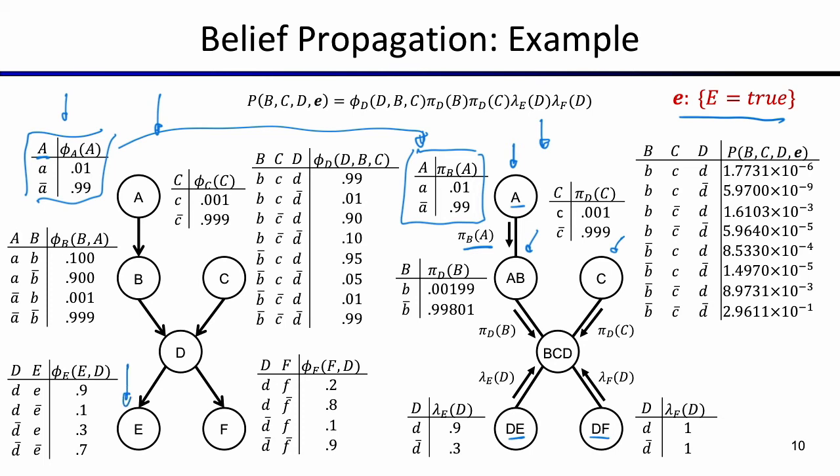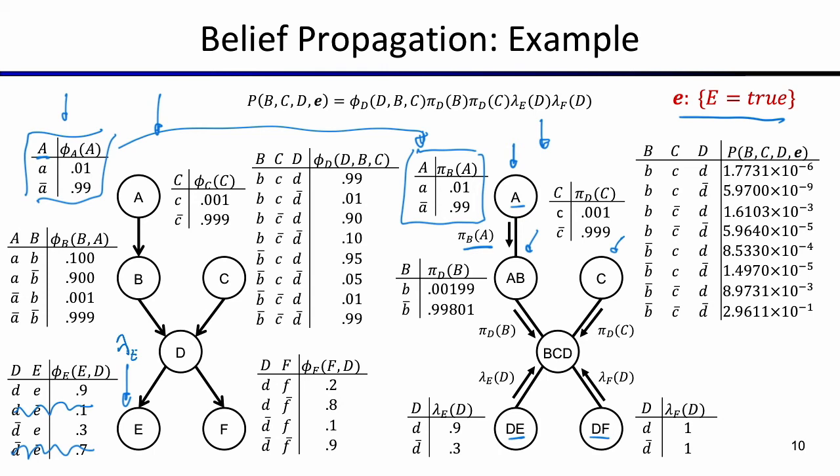That is going to eliminate, in practice, the entries that do not match the evidence. So we're going to eliminate these two entries here. So the indicator would be lambda E. And in fact, it will not eliminate the rows, but we're going to turn those rows equal to 0. But to simplify, let's just think that we are eliminating those rows.